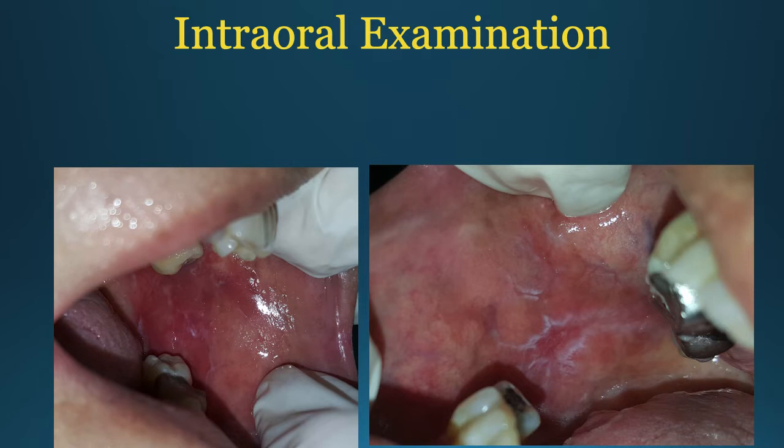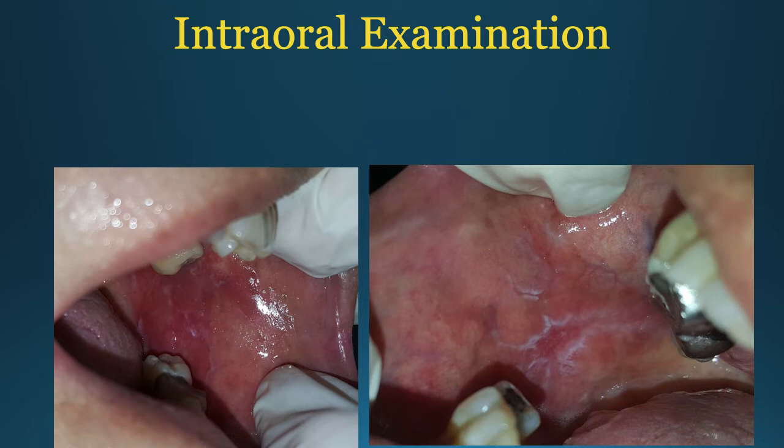Here we have normal consistency, and the color was a mixed red and white lesion. So we have a diffuse mixed red and white lesion on the posterior part of the buccal mucosa, right and left. When we say a mixed red and white lesion, we should mention the red component and the white component. The red component was erosion, and the white component was keratotic striation.